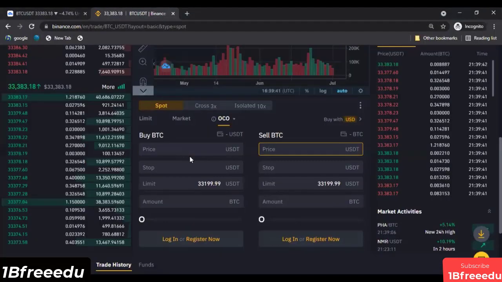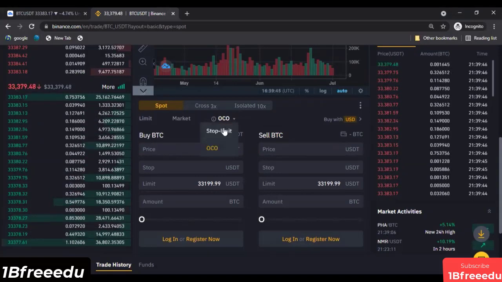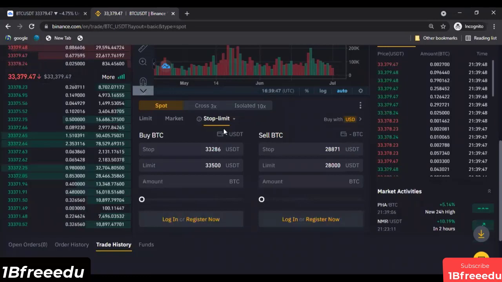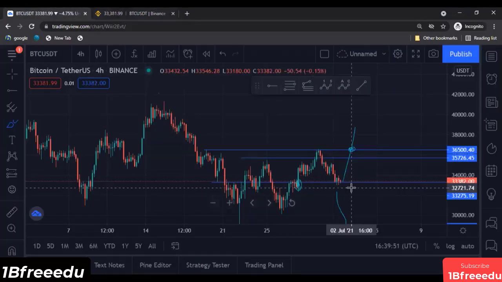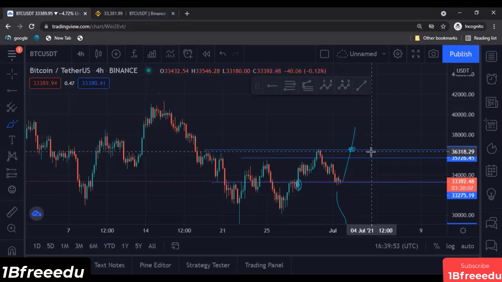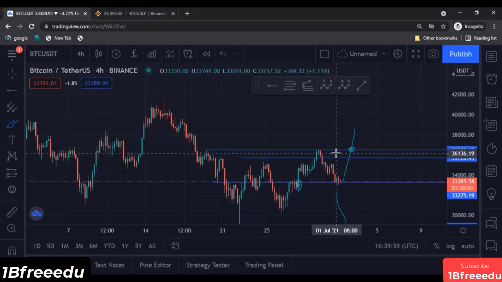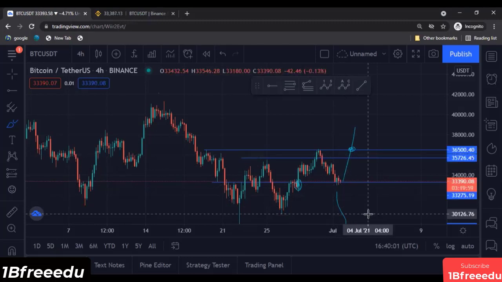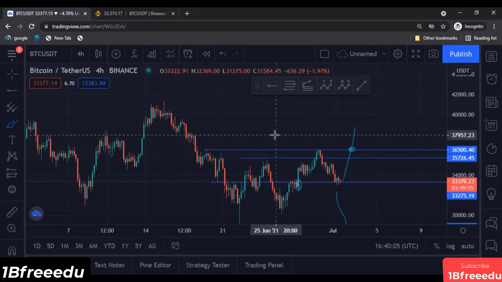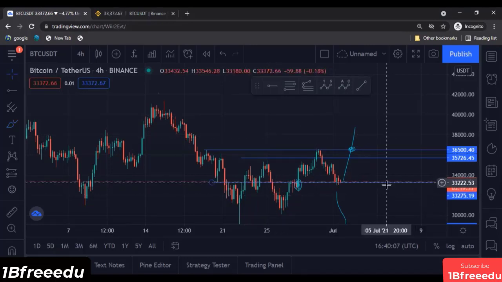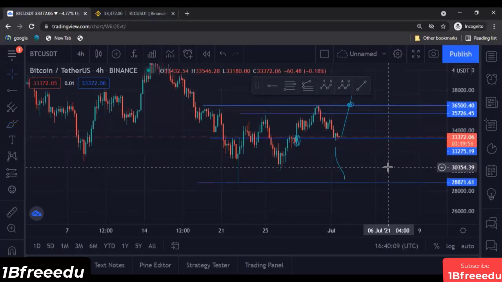So basically, the third kind of order which we can place here is called stop limit. What is a stop limit? Stop limit is basically for when you have to protect your downside or minimize your loss. For example, you have bought Bitcoin at the current price of 33,400. Now you are expecting the price to go up, but the price suddenly goes down.